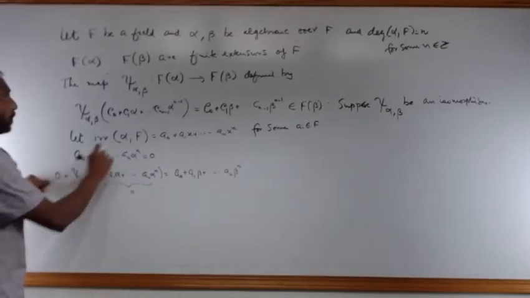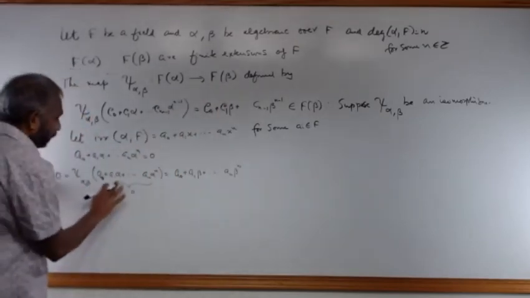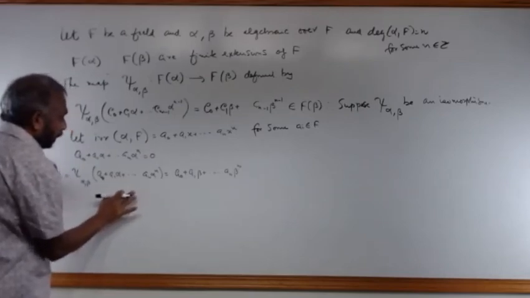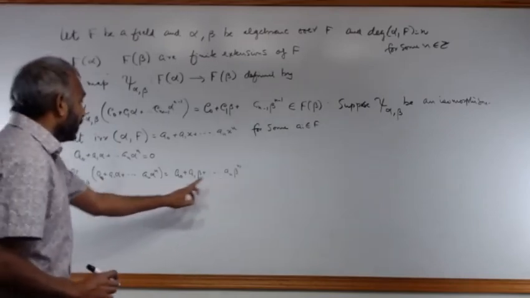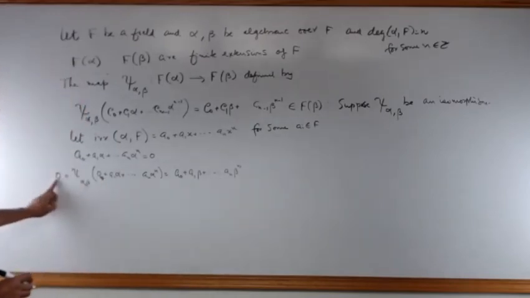This 0 is from F(beta). So this is a polynomial in beta.